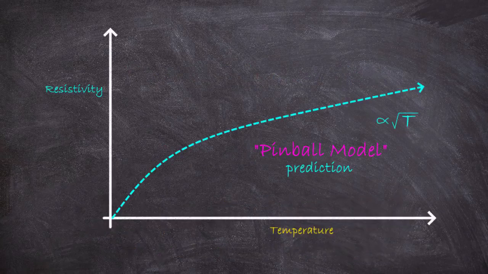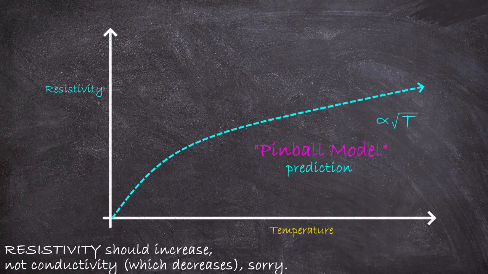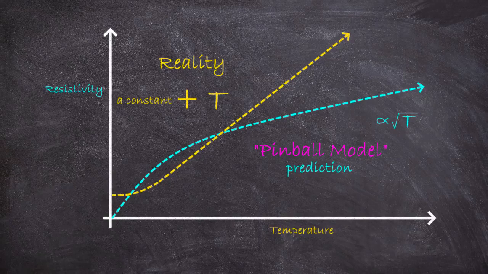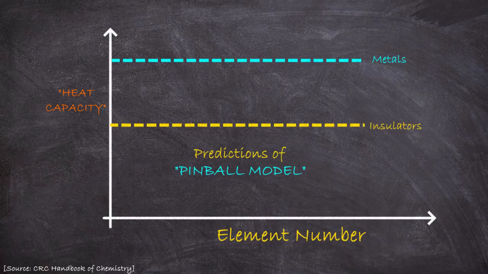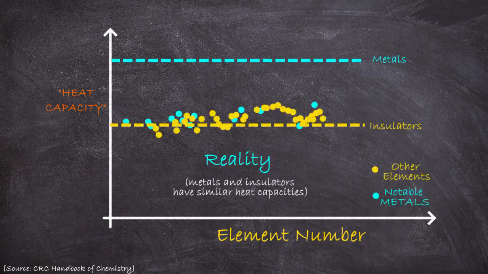For example, it makes a very clear prediction on how the electrical conductivity should increase with temperature. And yeah, it is not right about that. Also, if it were true, it would mean that metals could store dramatically more heat than insulators. What's called their heat capacity would be very high. And no, that's not true either. And that's really just the tip of the iceberg.